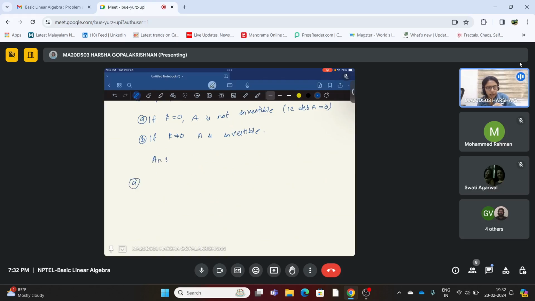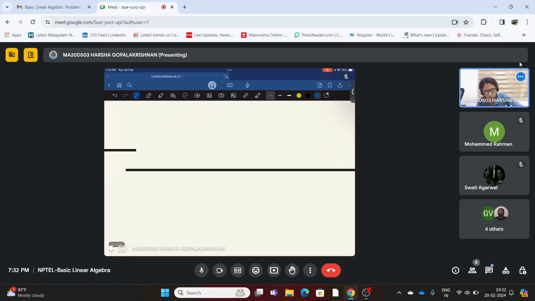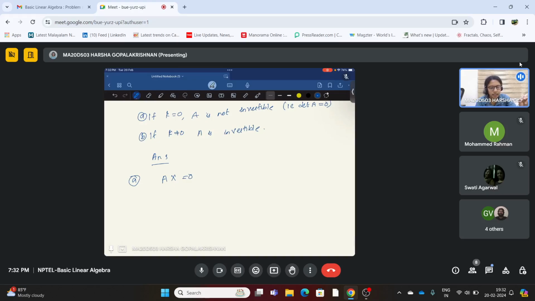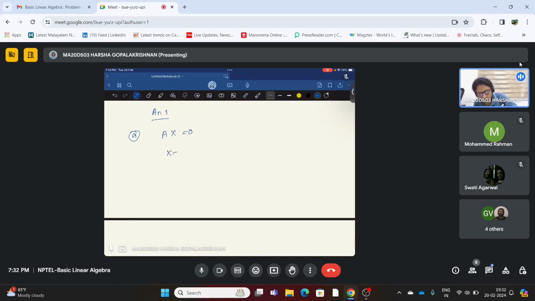So option A, we are taking the system Ax equal to 0. We already seen the linear system Ax equal to 0. First of all, x equal to 0 is a solution. Can anyone think about a solution of this given system Ax equal to 0 other than this trivial solution? It is a trivial solution. From the given condition, what is the given condition?